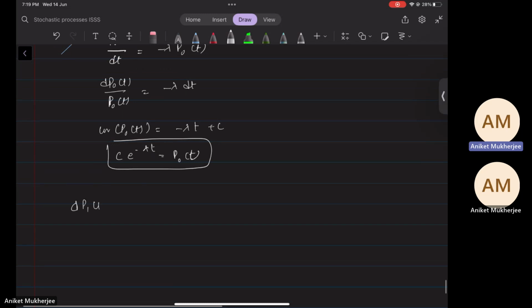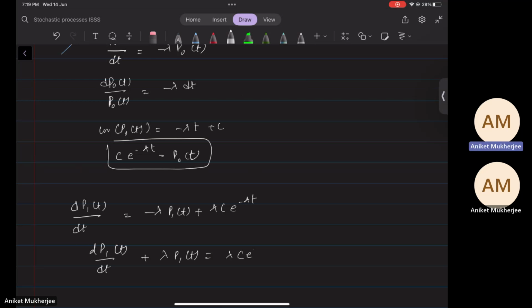So dP1(t)/dt I can write as minus lambda P1(t) plus lambda C upon minus lambda, because I have this. I can write this as dP1(t)/dt plus lambda P1(t) equal to lambda C e to the power minus lambda t.